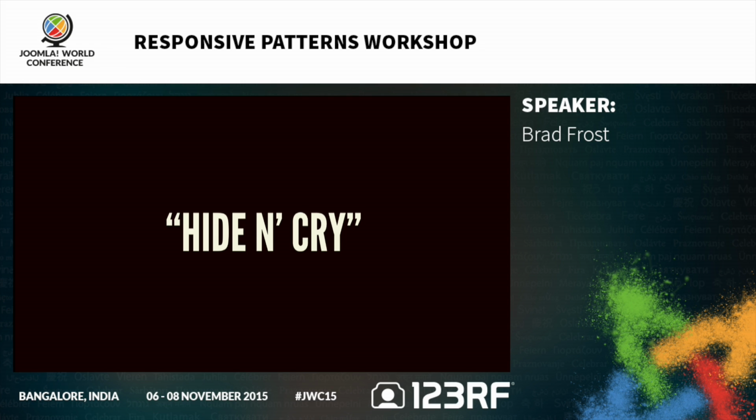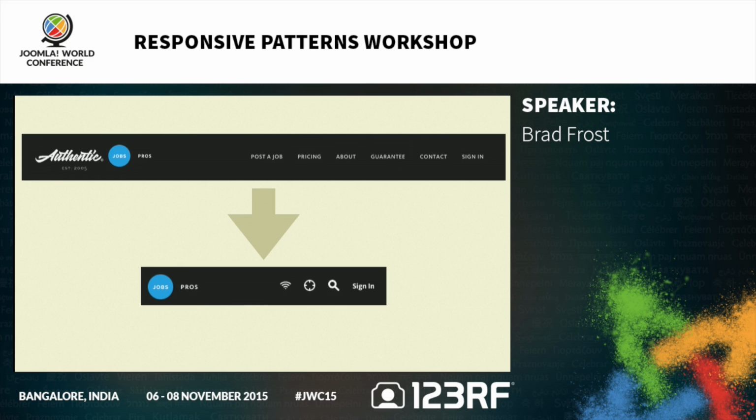And then there's what I like to call the hide and cry pattern, which is more of an anti-pattern than anything else. This is a site called Authentic Jobs, a job posting site for people like us, designers and developers.